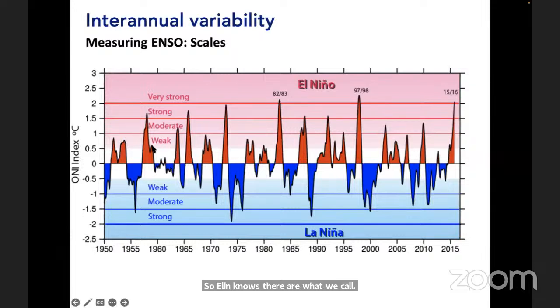So there are what we call strong La Ninas, strong El Ninos, weak La Ninas, weak El Ninos. It all depends on these numbers. So you see from -1 to 1.